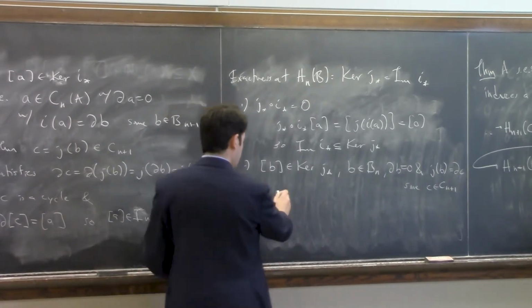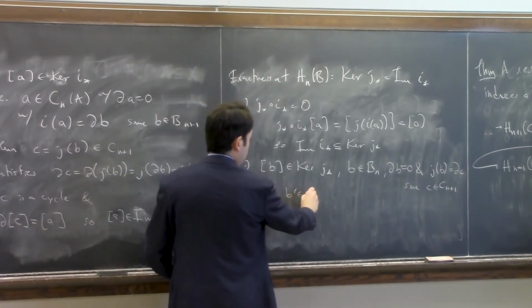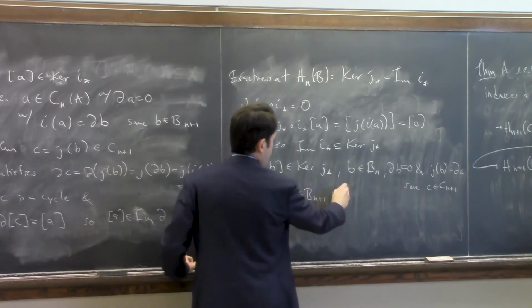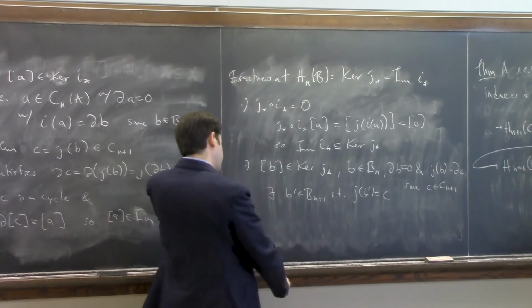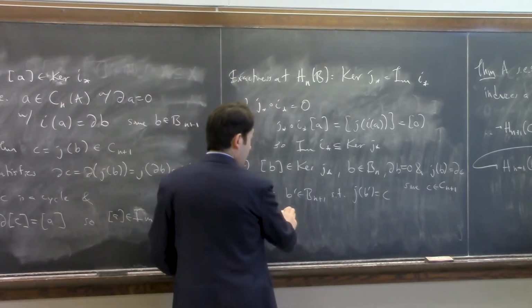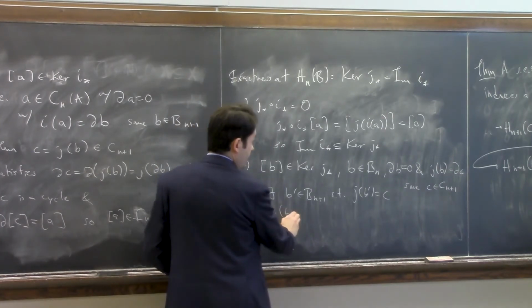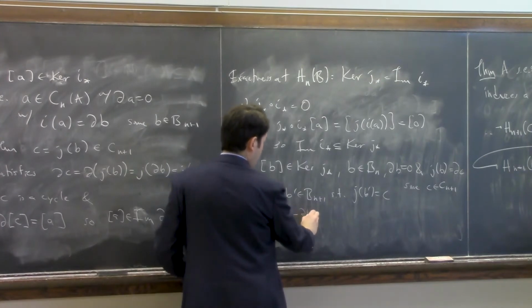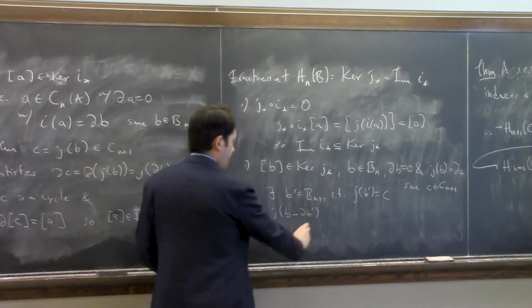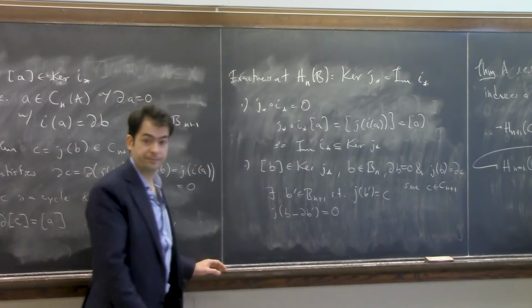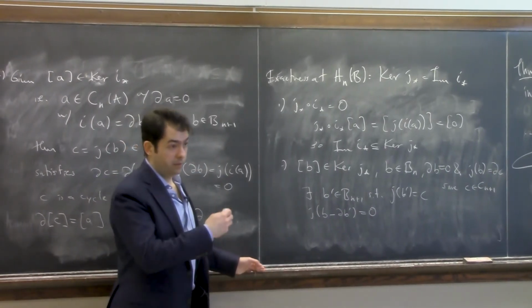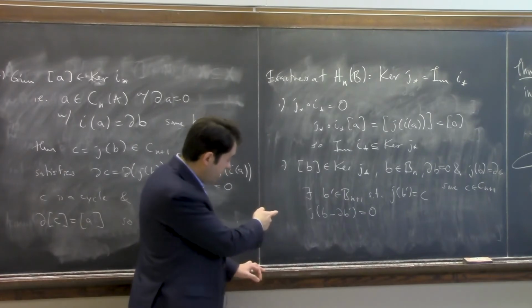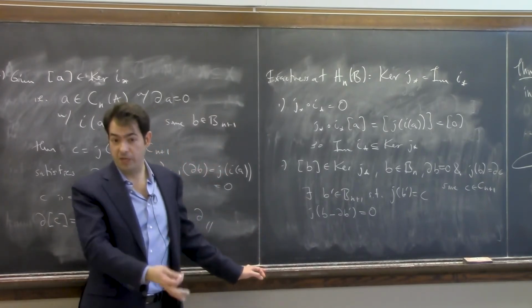So I can always find B prime in B_{n+1} such that J of B prime is equal to C. So then J of B minus boundary B prime is equal to 0. Right? But if this is an element in the kernel of J, then it's in the image of I.